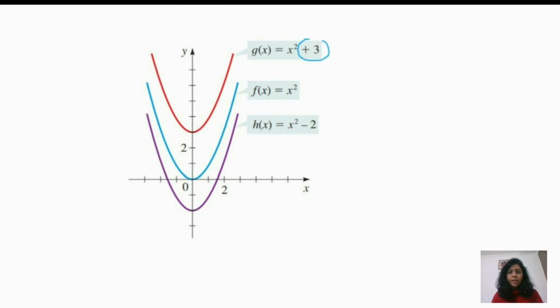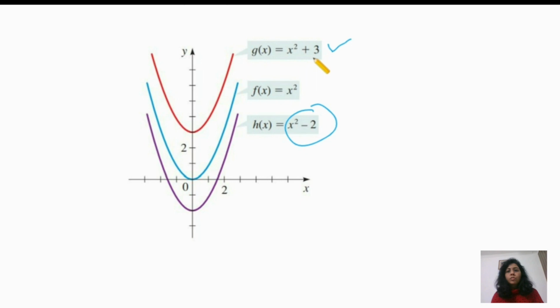So you can easily see that here actually these x² means f(x) is the same. Okay, so we can say this one is f(x) + 3, it means 3 units up, and we can say this one is f(x) - 2, 2 units down.